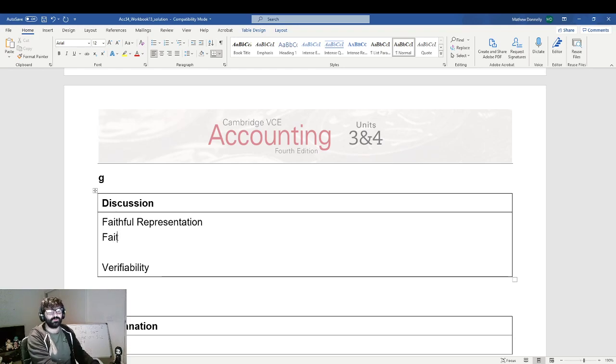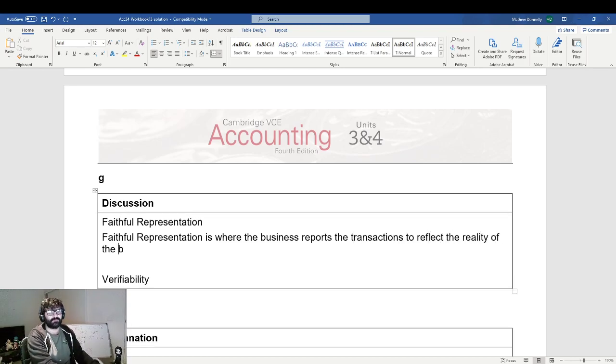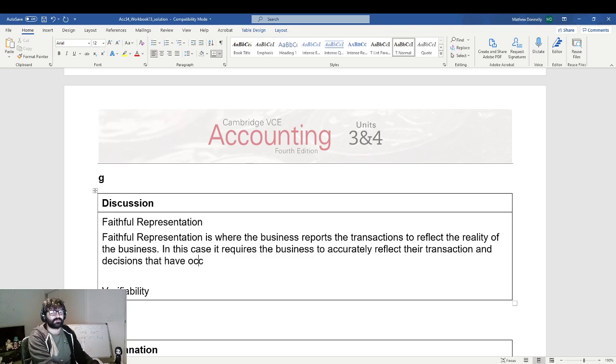So faithful representation is where the business reports the transactions to reflect the reality of the business. In this case, it requires the business to accurately reflect their transactions and decisions that have occurred in the past year.